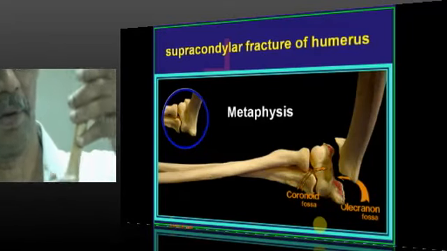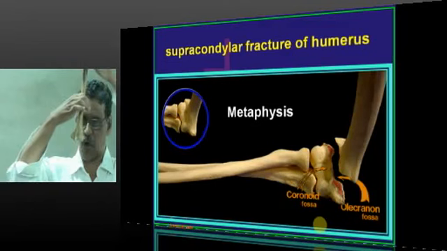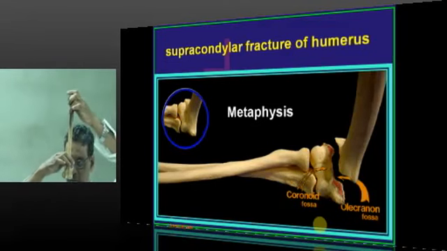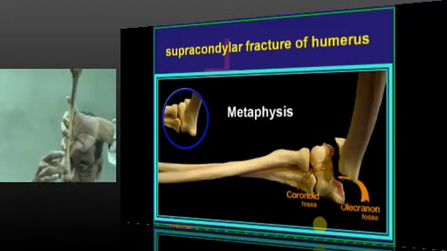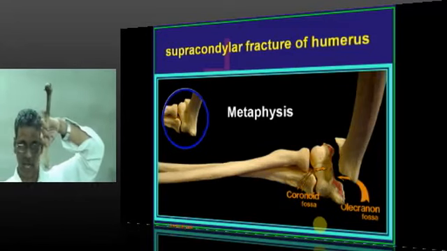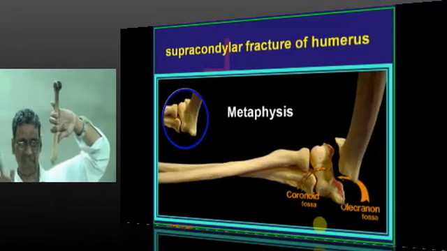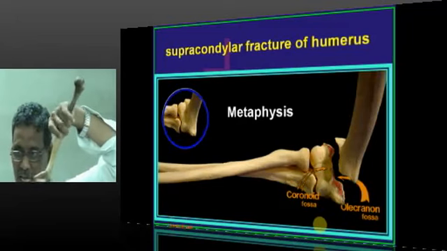And moreover, if you observe the quality of the bone, it is cylindrical, stout, up to here. And once it comes to the supracondylar area, it becomes flattened and thinner, so the substance has lessened. And moreover, there are three different fossae: the coronoid fossa, radial fossa and olecranon fossa.